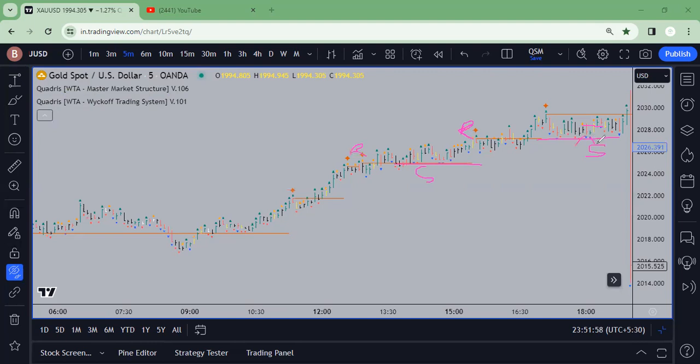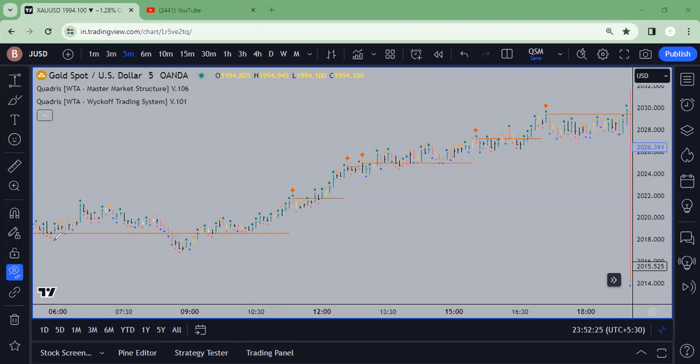Effort versus result bar. This is a trend change bar, a narrow range bar. A beautiful place to place your buy order with minimum risk, keeping this as a first target that is achieved, or at least placing your stop loss or trailing your stop loss accordingly.